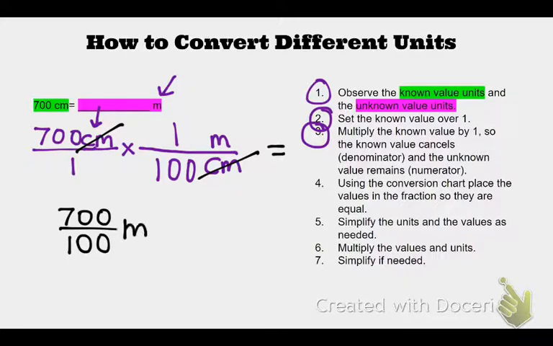So if you remember way back when we divided by tens and we divided by hundreds, we can simply cancel these, which really leaves us 7 divided by 1. What's 7 divided by 1? Of course, that's 7 meters.